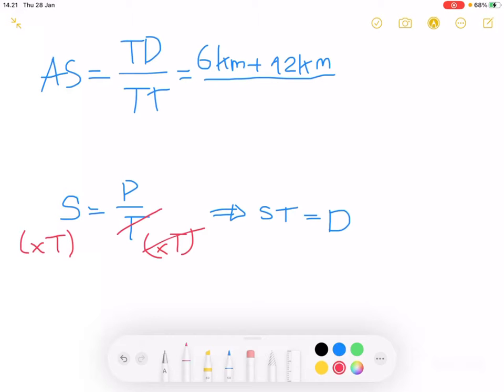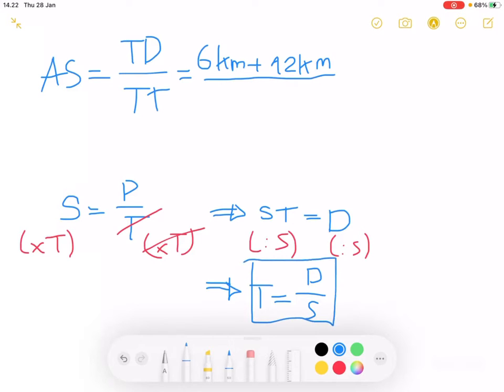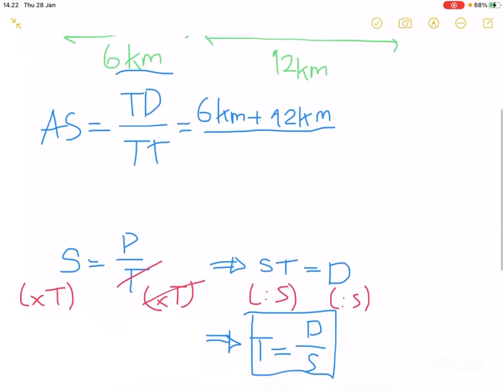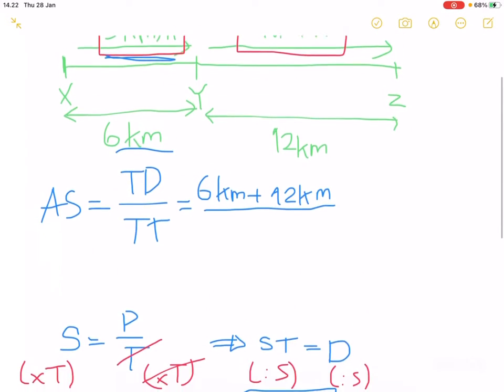After that, if we divide by the speed on both sides, we get that the time is the distance over the speed. And this is exactly what we wanted to find. So we know our time is the distance over the speed.